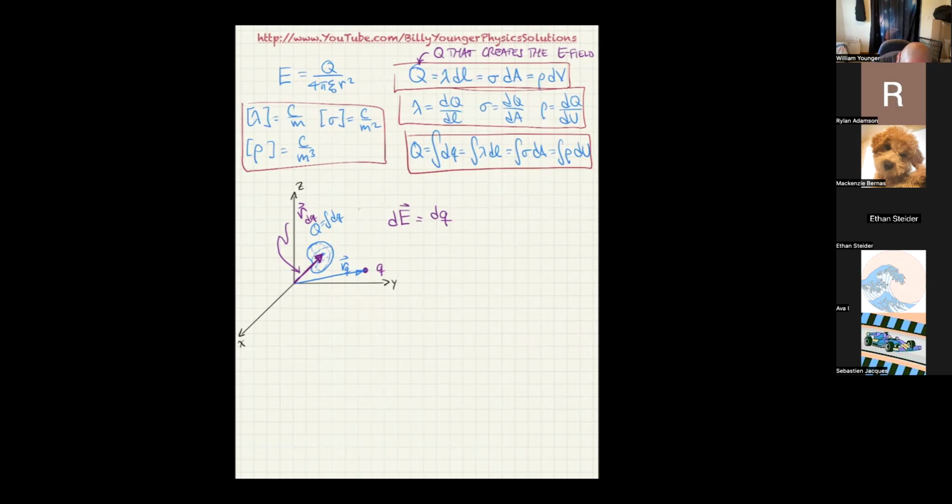So I'm going to change this. Everybody see that little q that I just erased? I'm going to call that d big Q. Both of those are acceptable. But just to keep us from getting confused as to which one's which, I'm going to go ahead and call this d big Q.